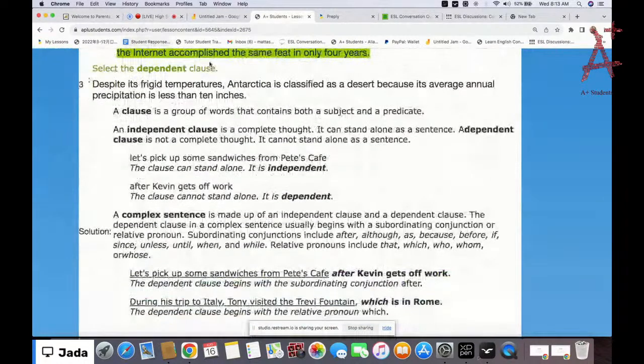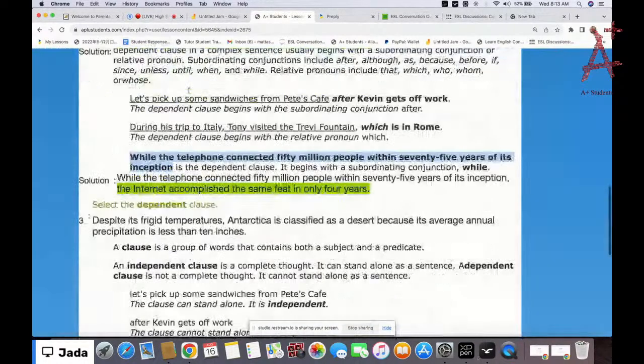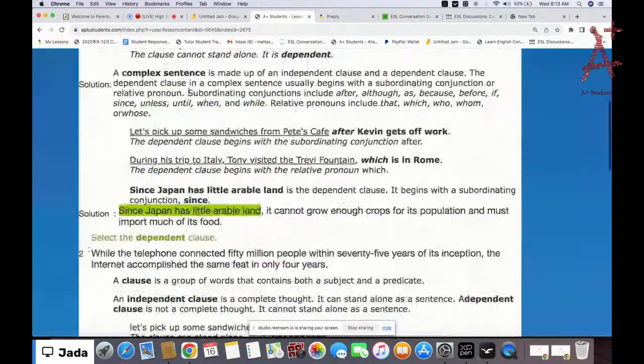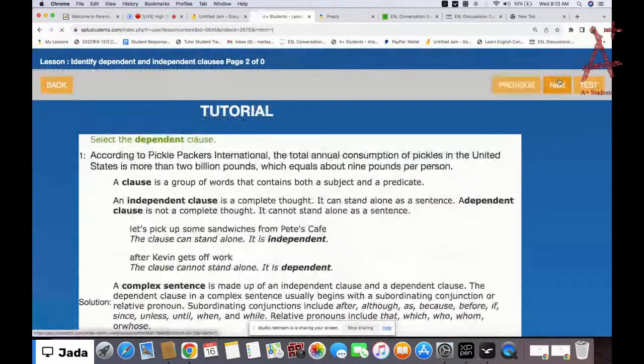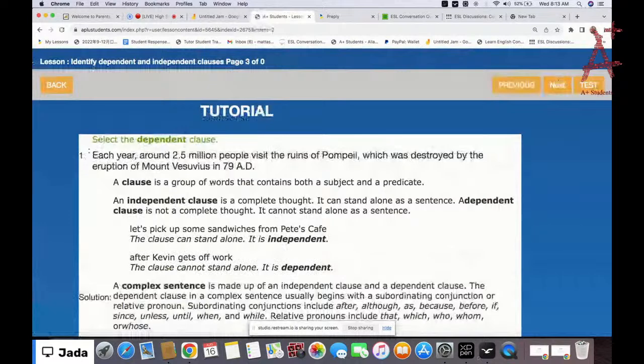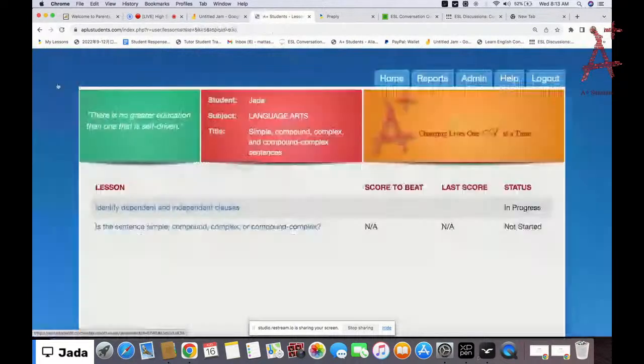Okay, let's check another example. All right, so frozen foods.